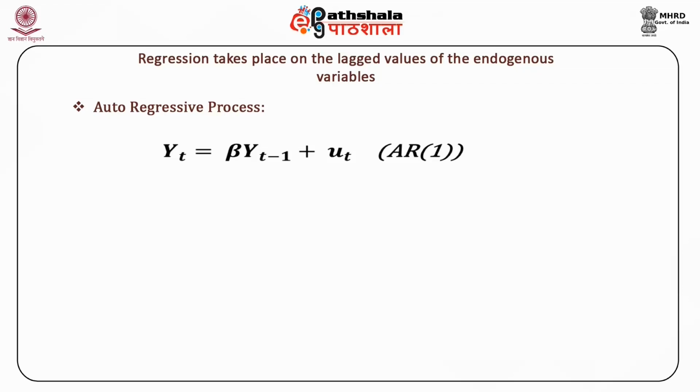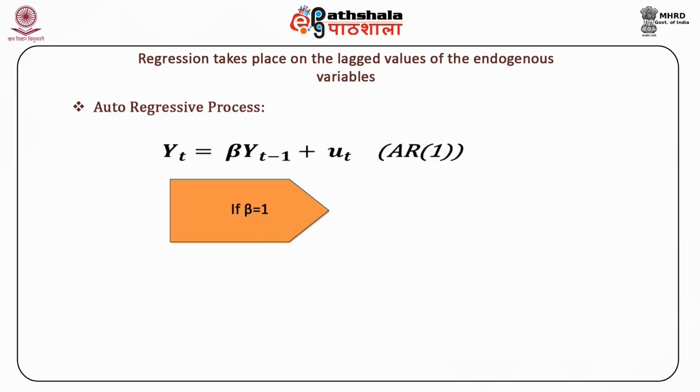It includes one lagged value of the variable yt, that is yt minus 1. Thus, this is termed as an autoregressive process of order 1 and is written as AR(1). The important point to note here is that if beta is equal to 1, then the series becomes a random walk process or a unit root process.